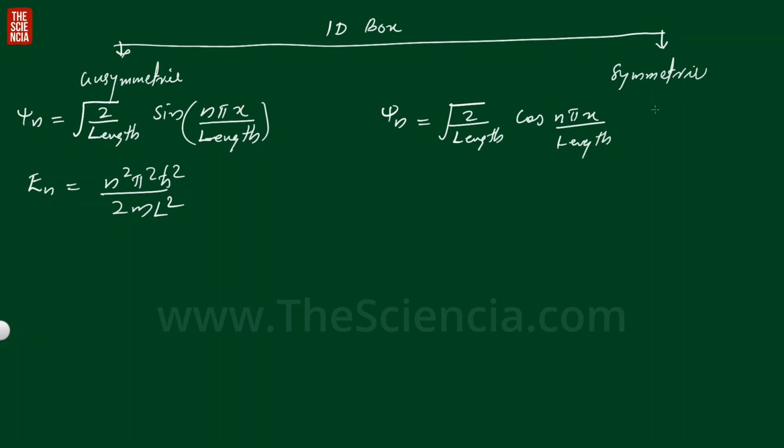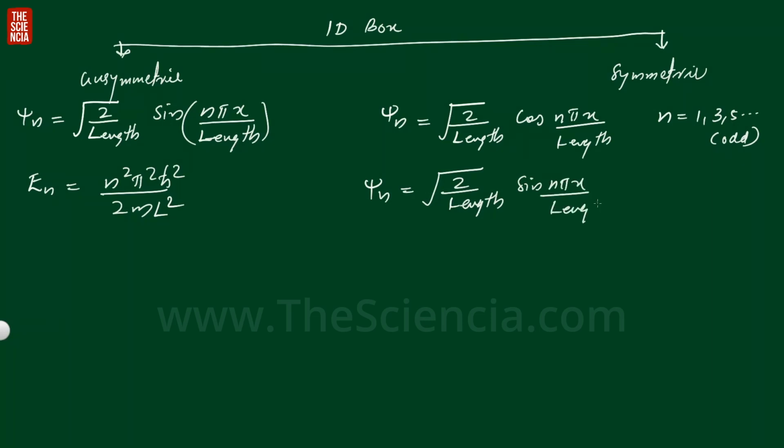This is for when n value is 1, 3, 5, etc. That is, when n is odd, we get a wave function like this one. And when n is even, we get another wave function, that is psi n is equal to root 2 by length of the box into sine n pi x by length, where the n values are 2, 4, 6, etc.